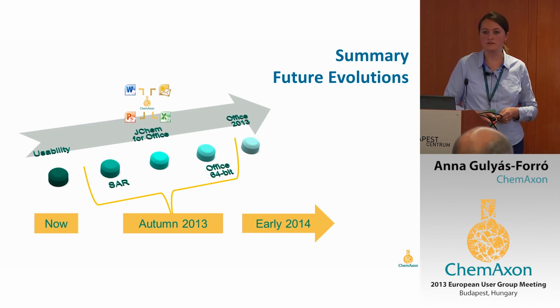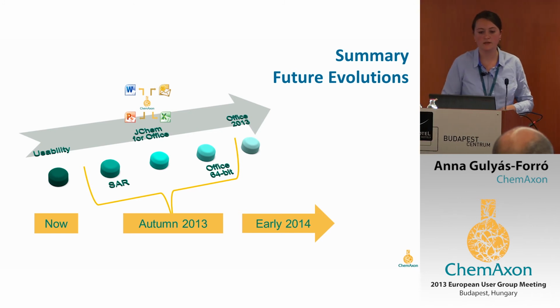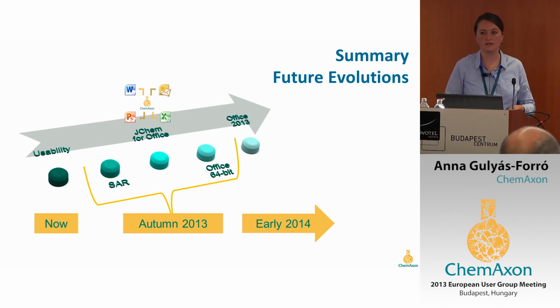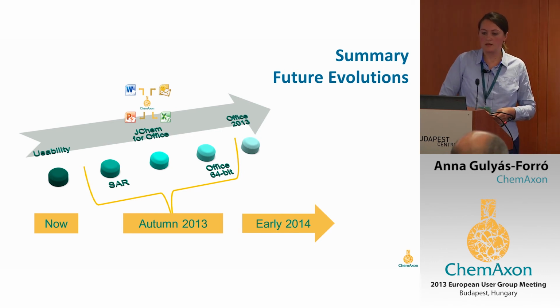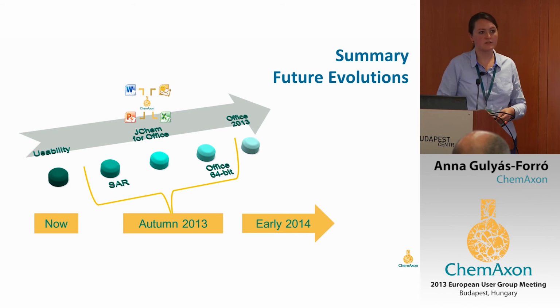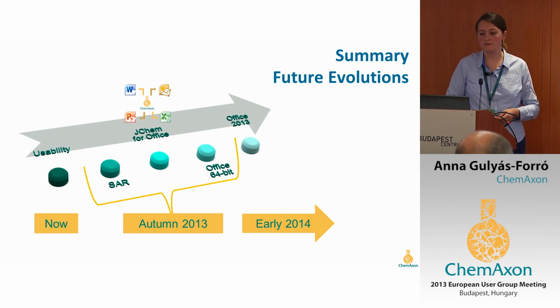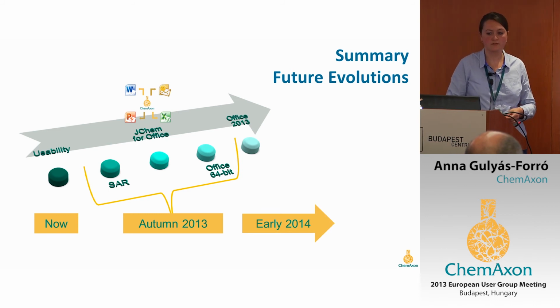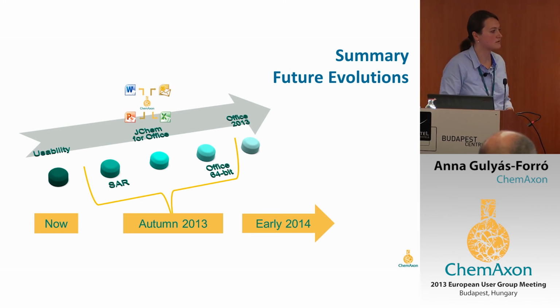And we will release the first version of JChem for Office this autumn, which will mean that we will integrate ChemAxon features not only to Microsoft Excel, but to Word, PowerPoint, and Outlook. And the 64-bit version of Office will be released this autumn, and we are planning to release the Office 2013 support early next year.